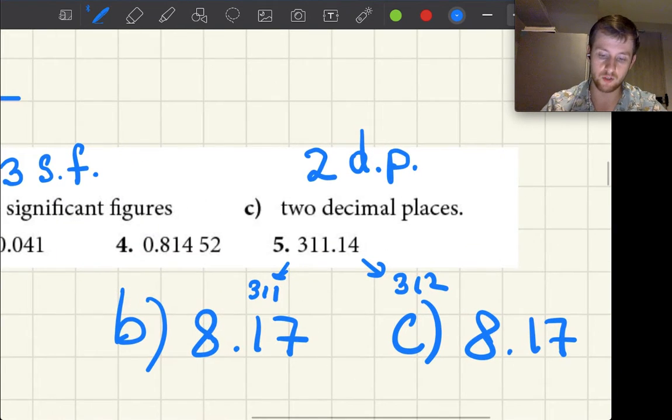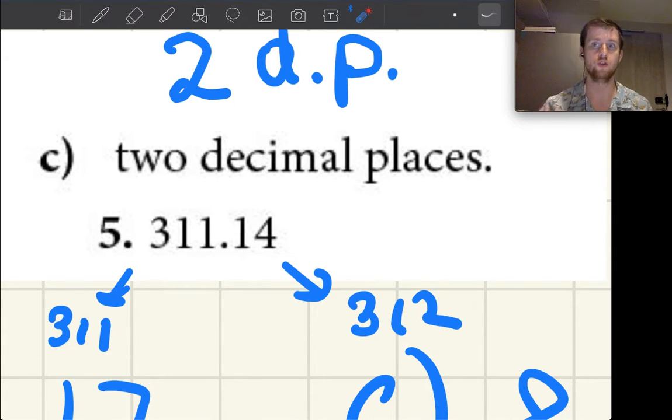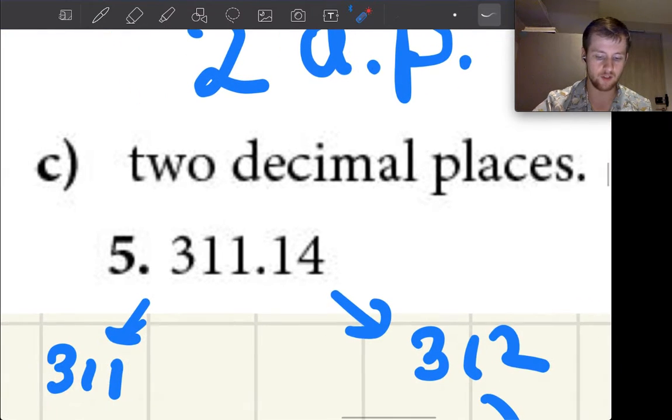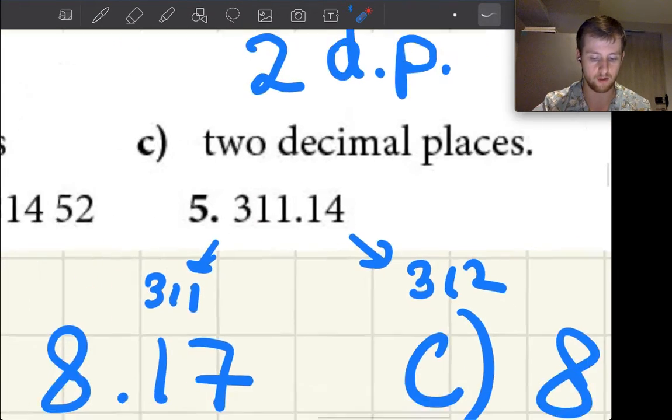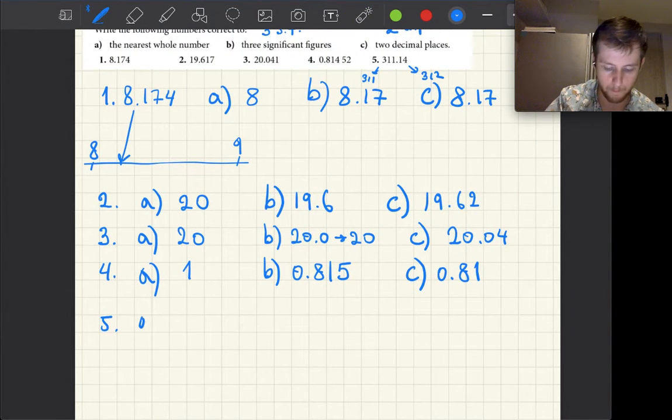This is hundreds, this is tens, and this is ones. So rounding to the nearest whole number is just like rounding to ones. Here we look at the next number. It's 1, so we're going to stay. The answer is 311.